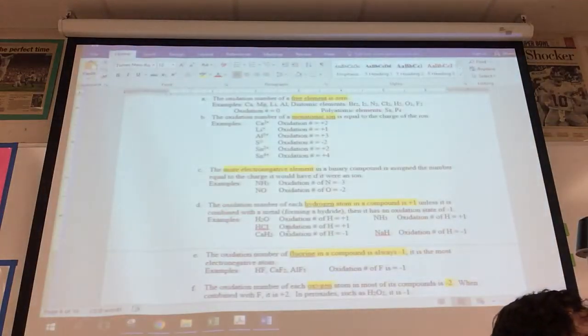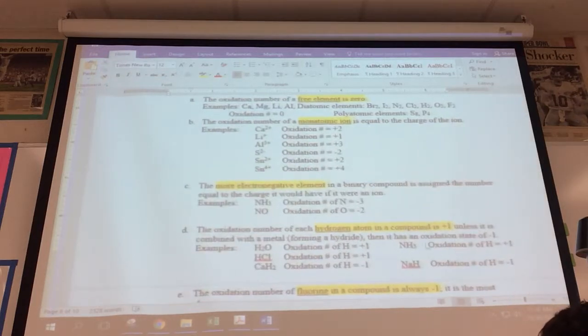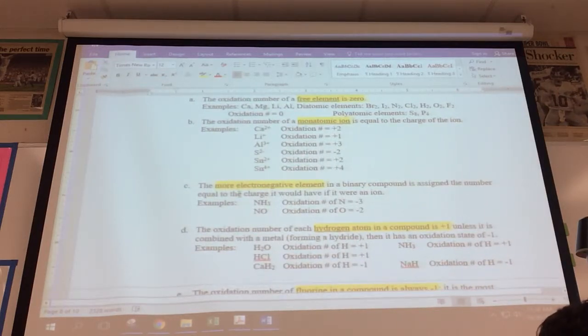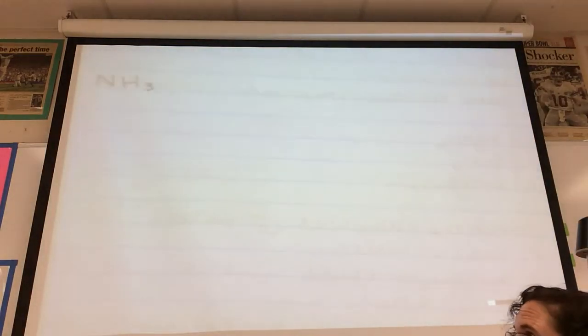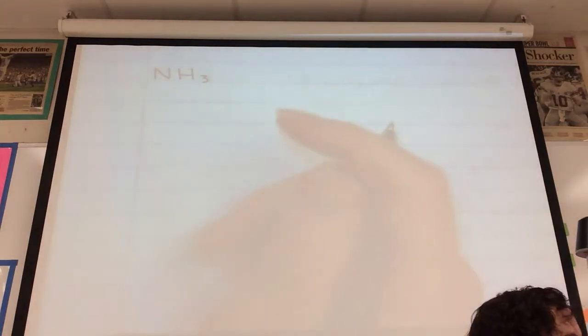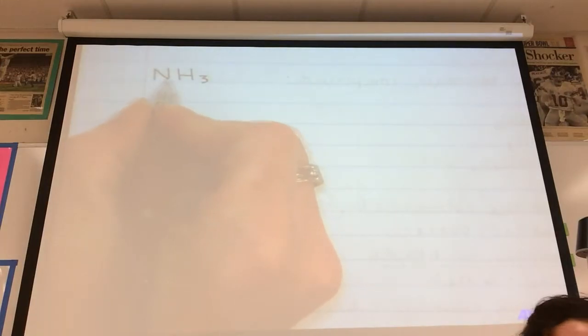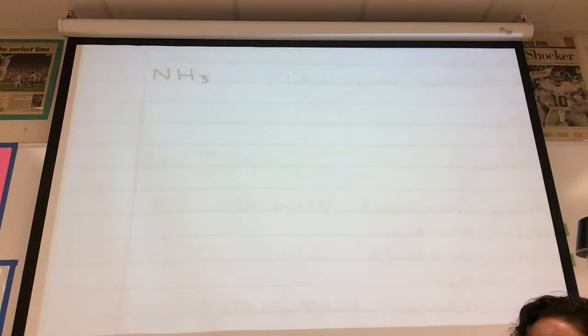So in regard to this one, it says the more electronegative element in a binary compound is assigned the number equal to the charge it would have. For example, I give you ammonia, NH3. You'll be using ammonia in your lab this week. Many of you use it in your homes to clean. Which element's more electronegative, nitrogen or hydrogen? Nitrogen.